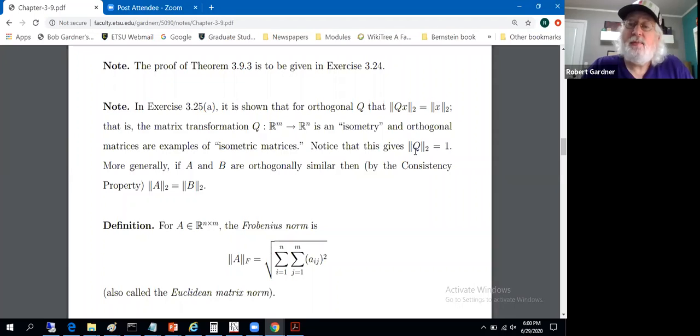Do your supremums or your maximum things, and you'll see that the L2 matrix norm of an orthogonal matrix must be 1. More generally, if A and B are orthogonally similar, so that means I could represent A as Q transpose BQ, where Q is an orthogonal matrix, then they'd have the same L2 norms. I'd apply this idea a couple of times.